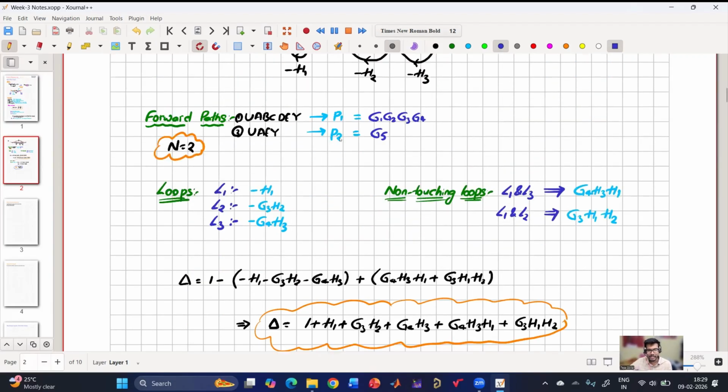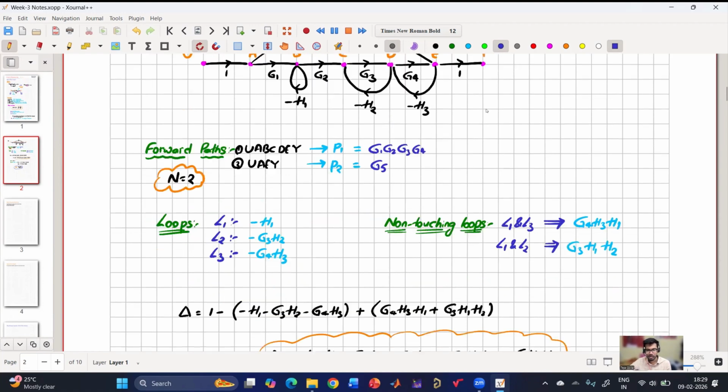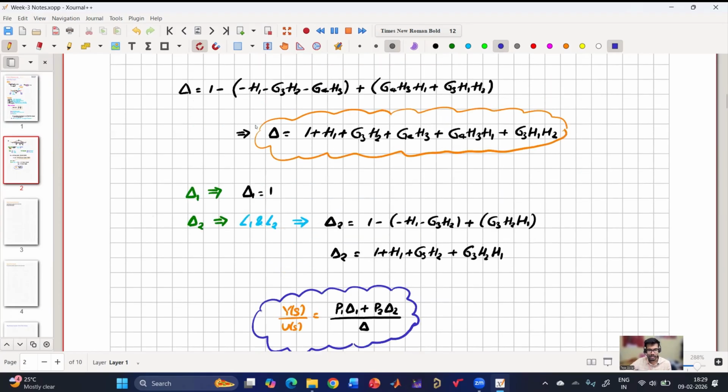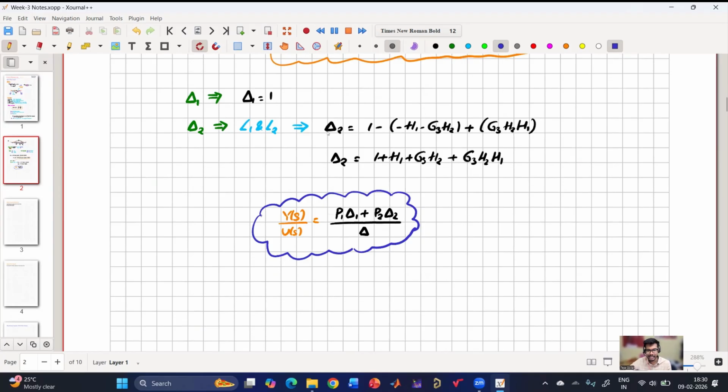So for P2, my path is U A E Y. For this path, are there any loops that are not touching it? L1 and L2, these two are not touching this path itself. So considering these two loops only, I have to recalculate delta, because the original delta had three loops and then two non-touching loops, L1 L3, L1 L2. But for delta k, I have to consider only L1 and L2 because these two loops are not touching the path itself.